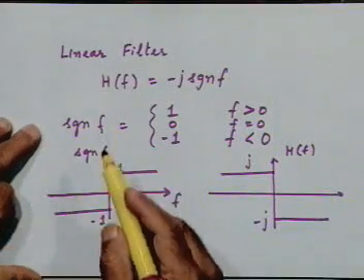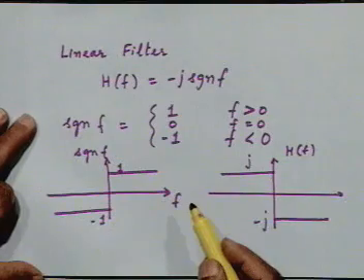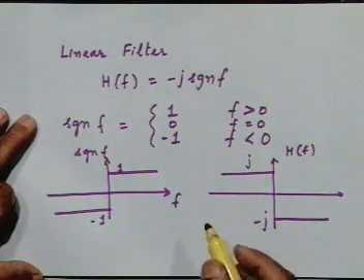Please speak a little louder. Phase difference induction, the pi by 2 phase shift. There is going to be a phase shift of minus pi by 2 for every frequency in the input signal. Is that clear? So this filter will phase shift every frequency component present in the signal by a value of minus pi by 2.